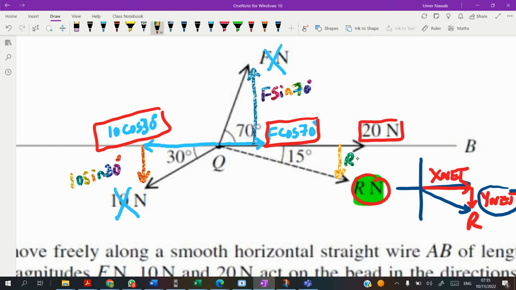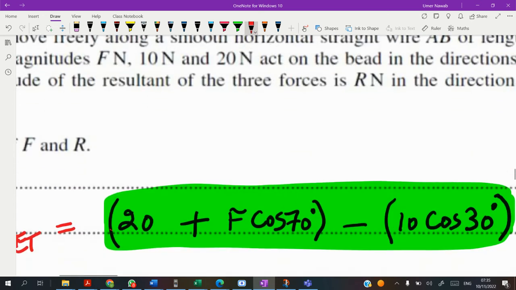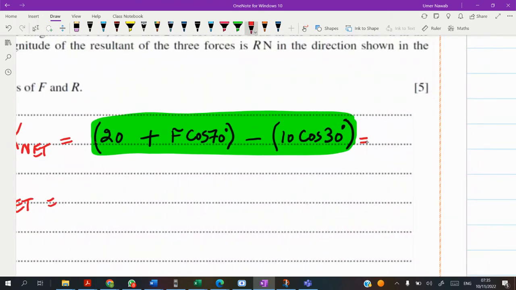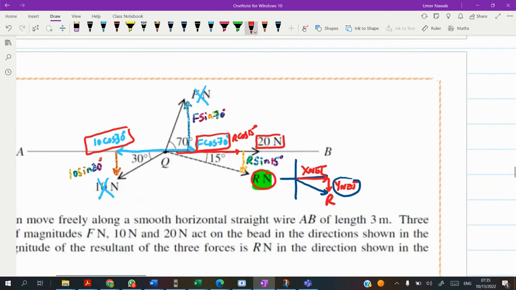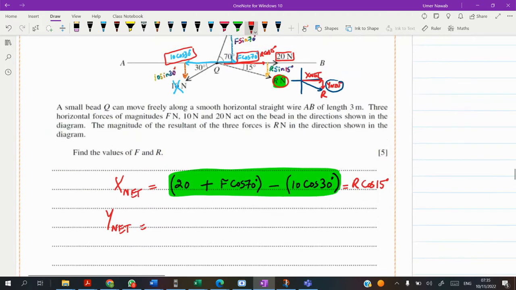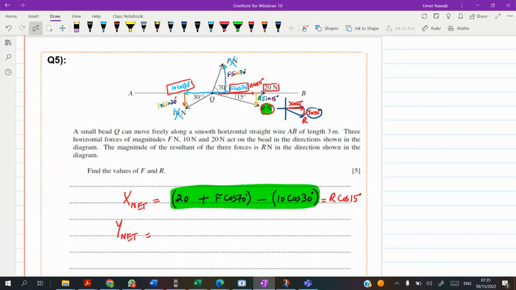It should be R sine of 15, and the x net for the resultant is R cosine of 15. Let me write it here. It should be equal to R cosine of 15. Agreed, guys? I'm talking about x net. Resultant is given, so the right-hand force will be R cosine 15, and downward the y net will be R sine 15.